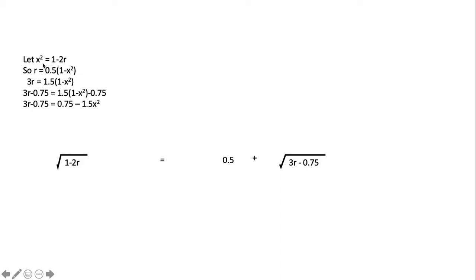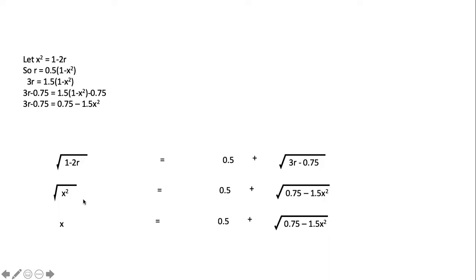So if I'm saying that x squared is 1 minus 2r, then I can replace this 1 minus 2r with x squared. And then on the other side, since I worked out that 3r minus 0.75 will be 0.75 minus 1.5x squared, I can replace the 3r minus 0.75 with 0.75 minus 1.5x squared.